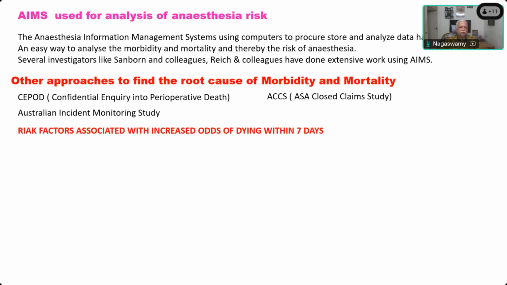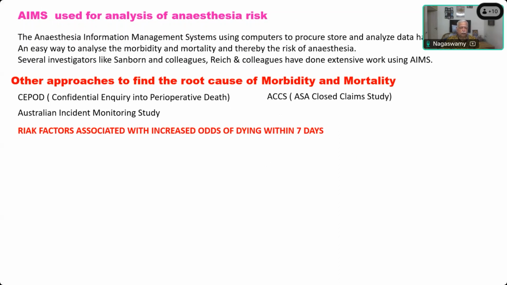Now, risk factors associated with increased odds of dying within 7 days. So earlier it was thought only the first 24 hours is the responsibility of the anesthetist; if anything goes wrong, it is the responsibility mainly, unless it is a glaring or overt surgical mistake.